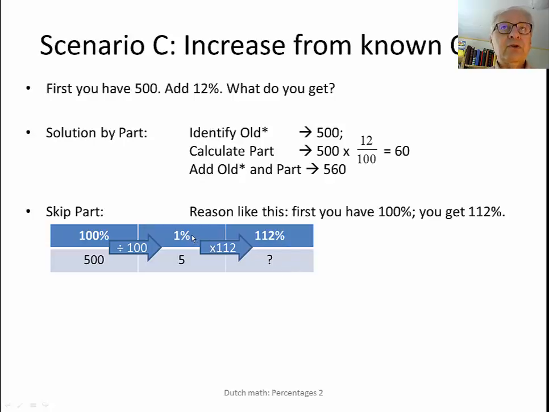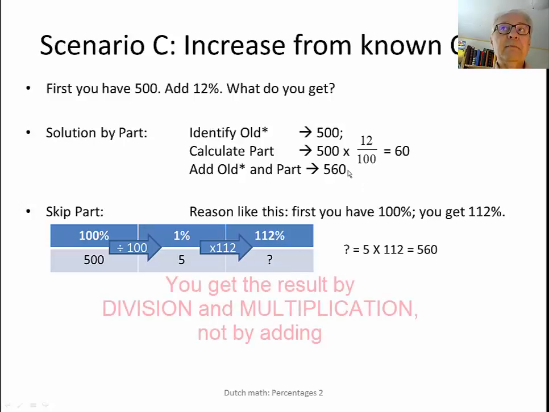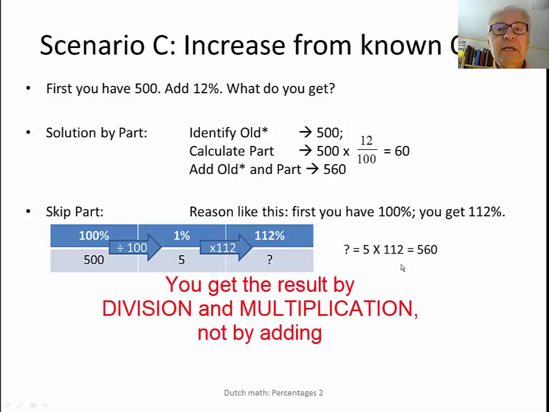Then, in order to find that, you first calculate what 1% is, which of course is 100th of 500, and then you multiply by 112. The result is the same, but you arrive at it in a different way.